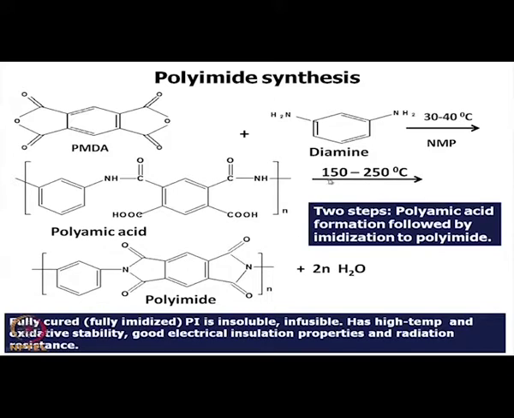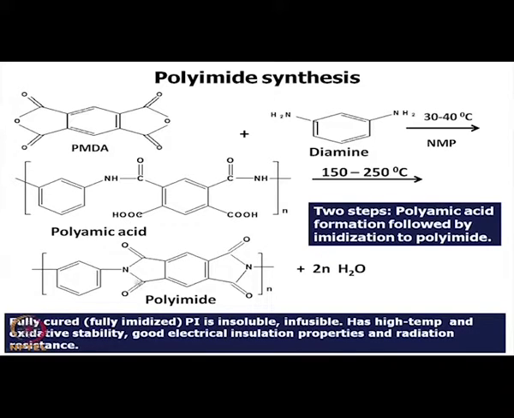Then beyond 150 degrees, slowly this amic acid, this amide group will condense with this carboxyl group, eliminating a molecule of water, one H from this NH and OH from this carboxyl group. So, one molecule of water will be eliminated from here, and here also another molecule of water will be eliminated from OH and H. So, two imide linkages will be formed.